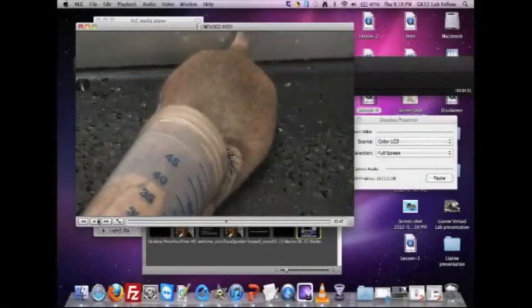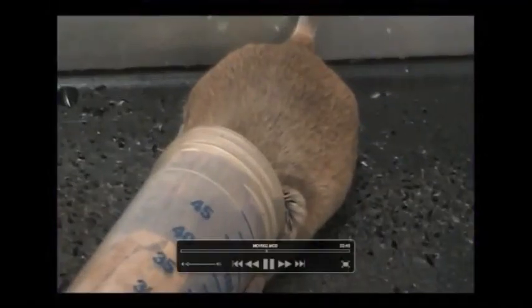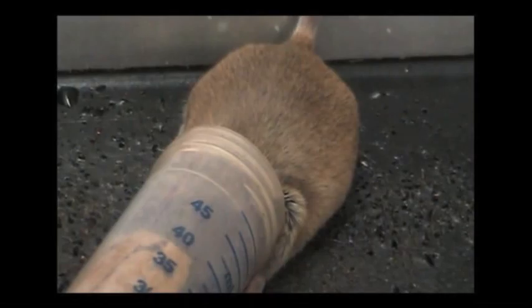Next, I take the animal and I put his face pretty much into the tube so that none of the anesthetic can leak out, and that he will be efficiently sedated. Next, I'll monitor his breathing habits. What you'll notice on this close-in view is he has very quick breathing at this point in time.